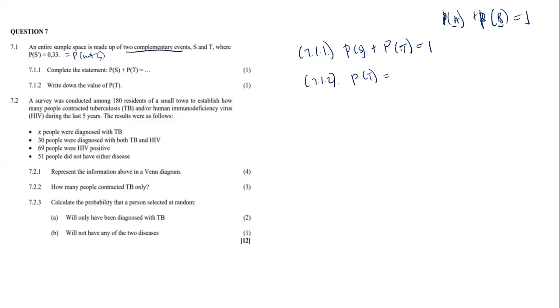Remember, these two events are complementary, and we are also provided with the probability of not S. Since we have only two events, S and T, if it is not S, then it is T. So the probability of T is the same as the probability of not S, which is 0.33. This is easy as ABC. Grade 1's work.